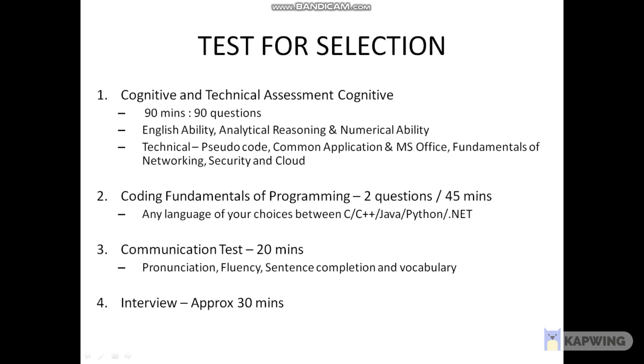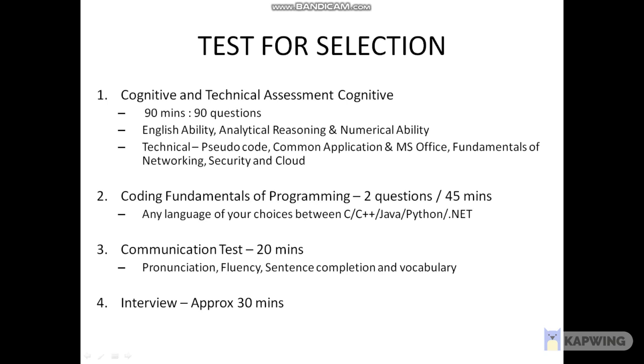You can choose any language for programming: C, C++, Java, Python or .NET. There is no elimination in this round. If you have attended the second round, you will move on to the third round.